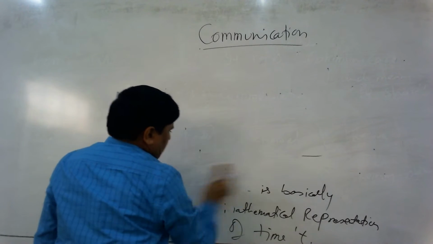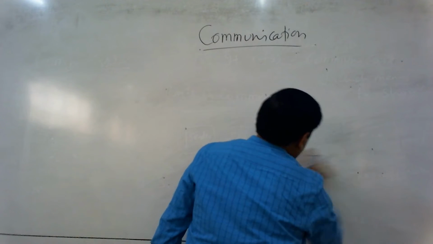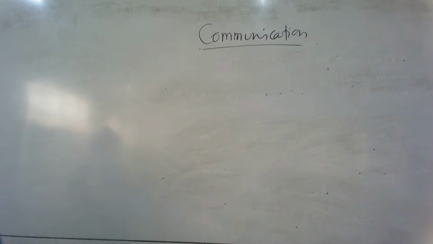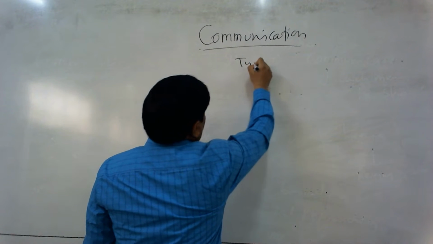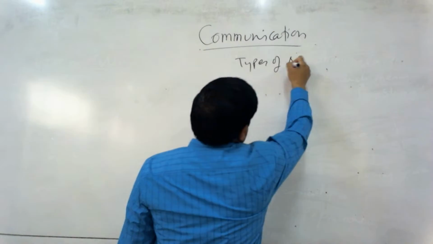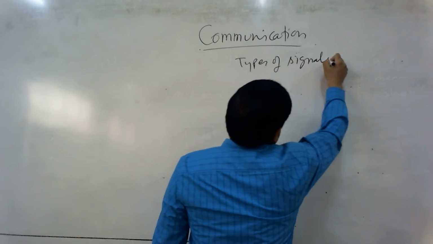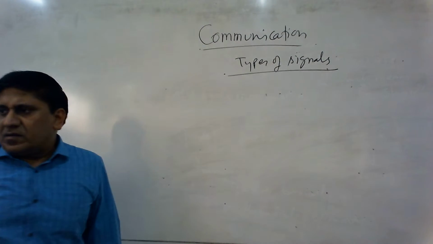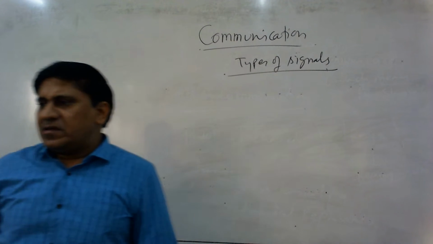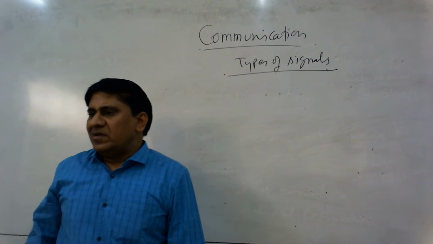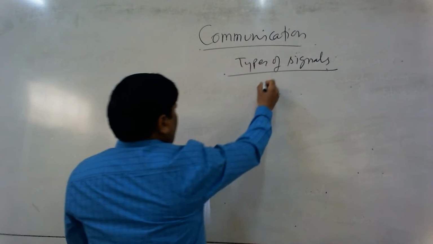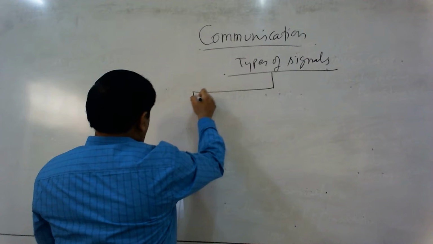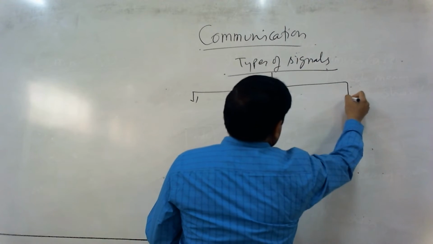So the next point of this topic is types of signals. There are various types of signals which we use in the communication system. There are two main types of signal.